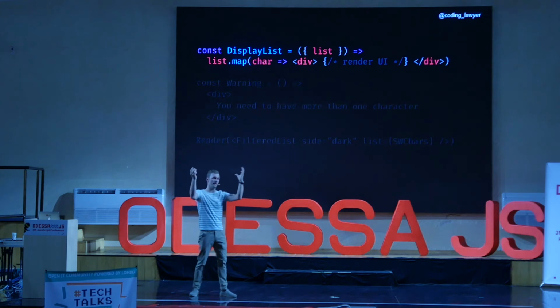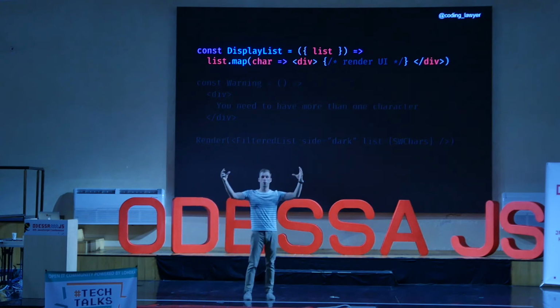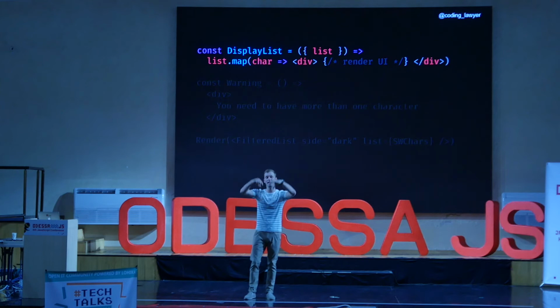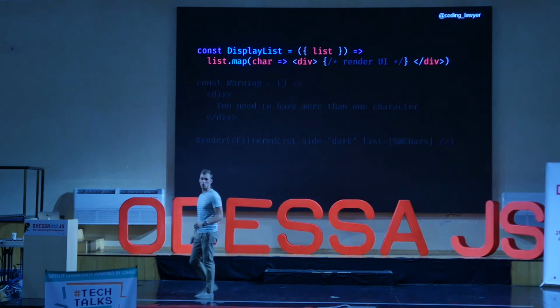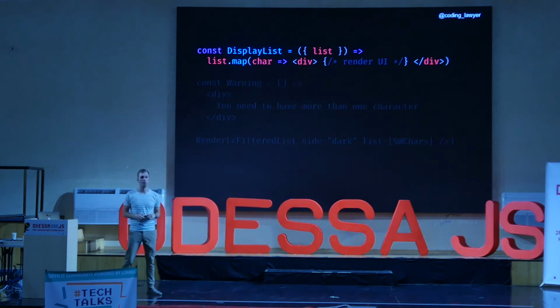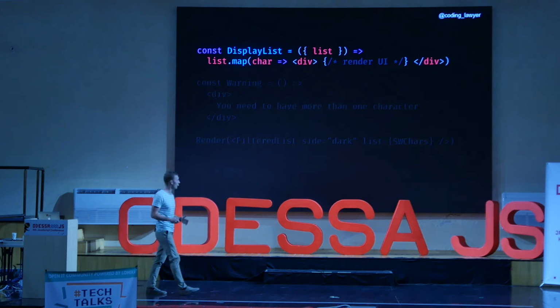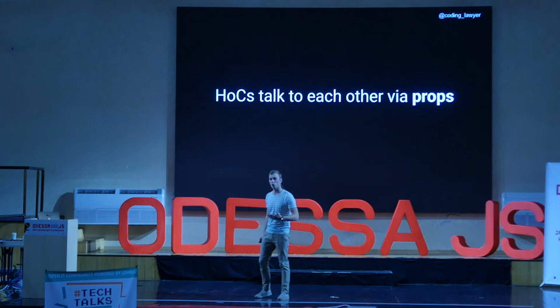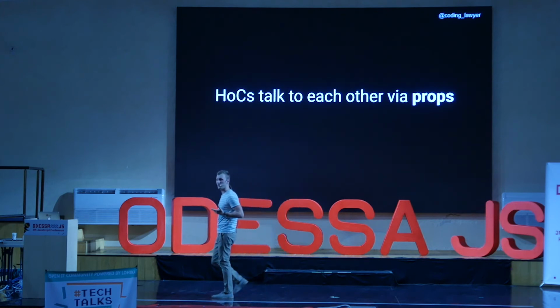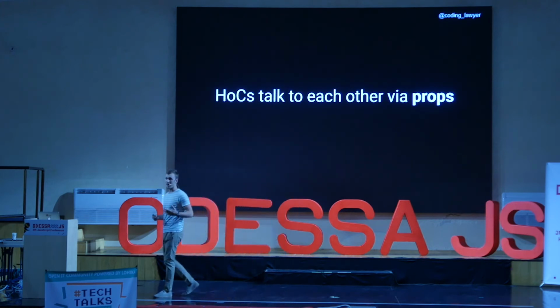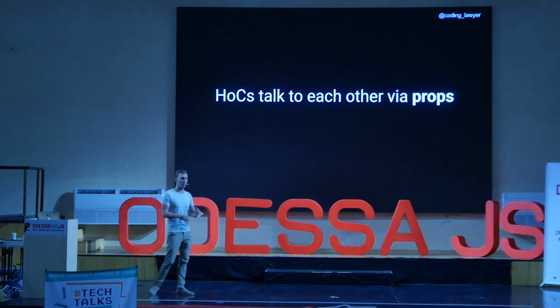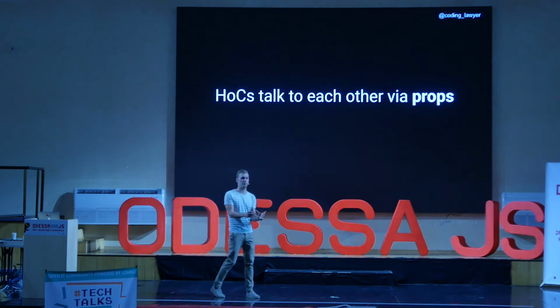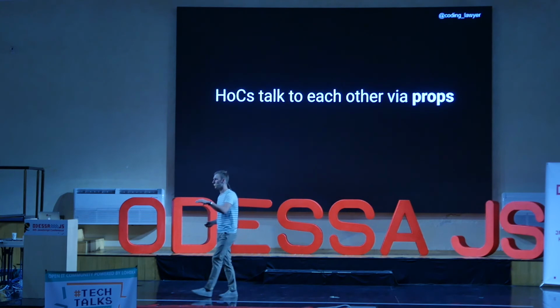So our complicated logic is separated, and then we compose the logic using composition and enhance our presentational component by this logic, by this higher order component composition. And we've also seen that props is the only language the higher order components can talk to each other inside composition. Higher order components take props, perform some action, and pass the resulting enhanced props down the component structure.